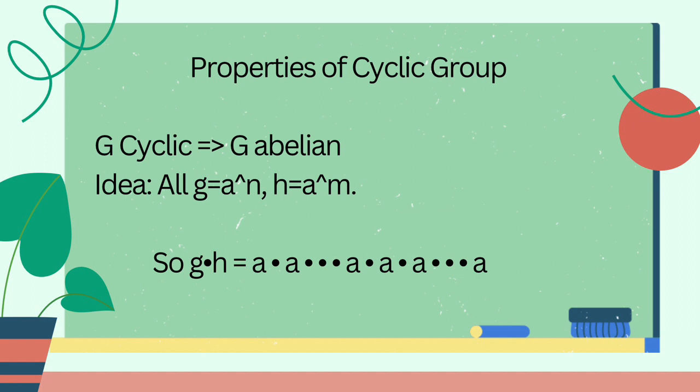When I multiply two elements of a cyclic group together, what happens to their exponents? Their exponents just end up adding together. This is another reflection of the idea that the integers in the exponents are really what's driving the structure in a cyclic group. When the group is infinite, it's the infinite additive group of integers.